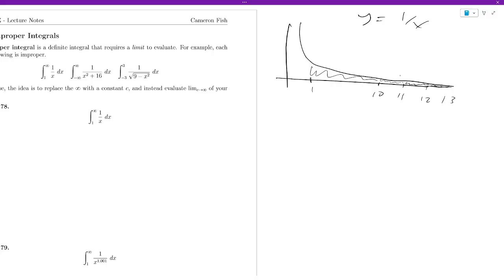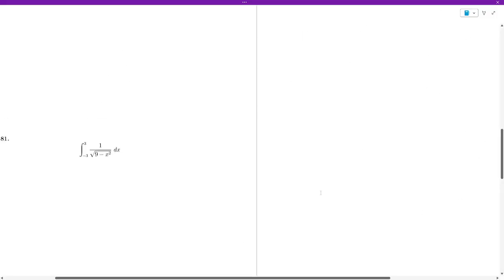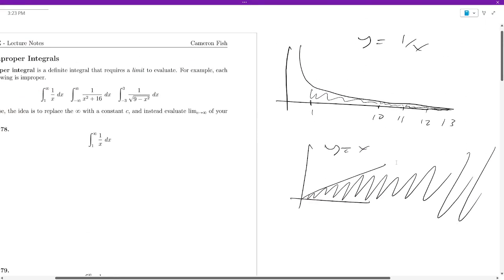For some functions, maybe like y equals x, it seems pretty obvious that the more to the right you integrate, you're just going to get bigger and bigger areas. It's just going to be infinity, right? You're going to have infinite area.